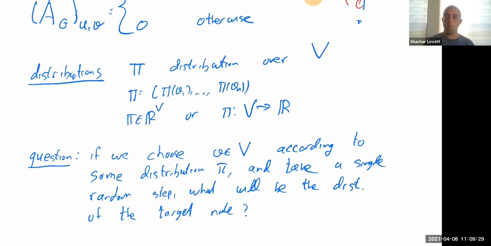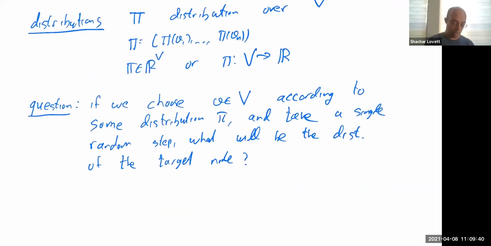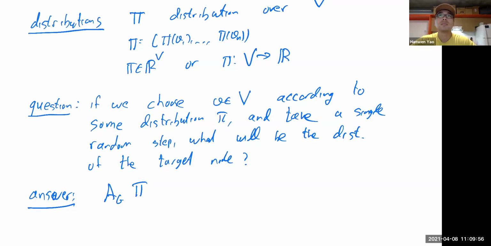So again, we start with some arbitrary distribution on the nodes. We choose a node according to the distribution, then we go to a random neighbor. What's going to be the target distribution? And we saw the answer: it's just going to be A_G pi. It's very simple. If I give you a distribution written as a vector, multiplied by the normalized adjacency matrix, that gives another vector, which is going to be the new distribution.